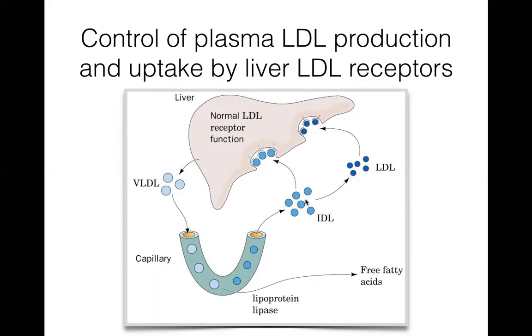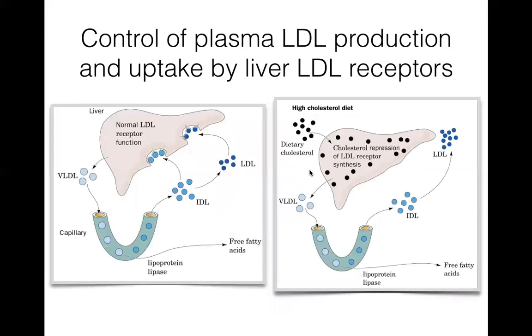IDL returns to the liver by binding to ApoE receptor, or when converted into LDL, can be taken up by the liver by binding to ApoB100 receptor in a mechanism called LDL receptor-mediated endocytosis.